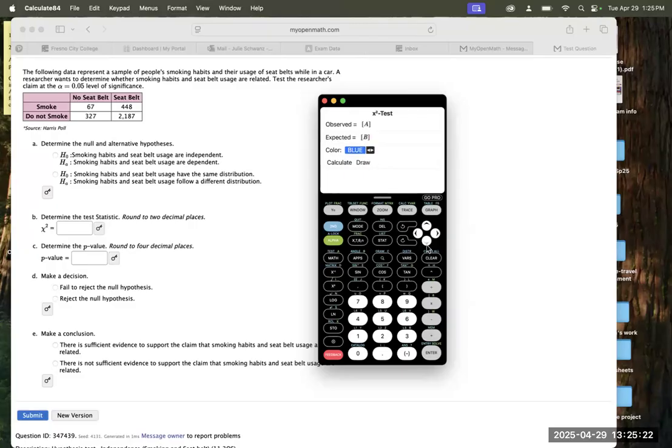Now I just go to calculate, and there's my chi-square value, and there's my p-value. My p-value is 0.998. And for our chi-square value, we have to remember this is 2.45, but it's e to the -6. So you're going to move this decimal 6 places to the left.